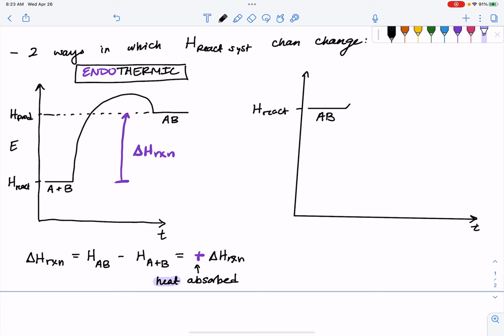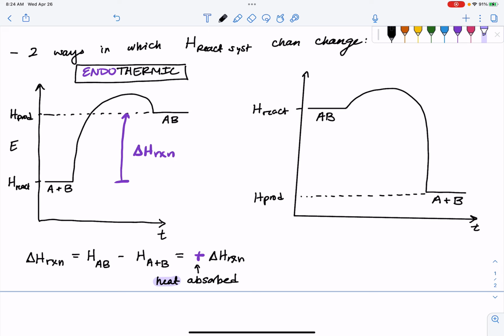And as time progressed, we saw that our system went from a higher energy state to a lower energy state to form products, such that our product enthalpy is lower than the initial.